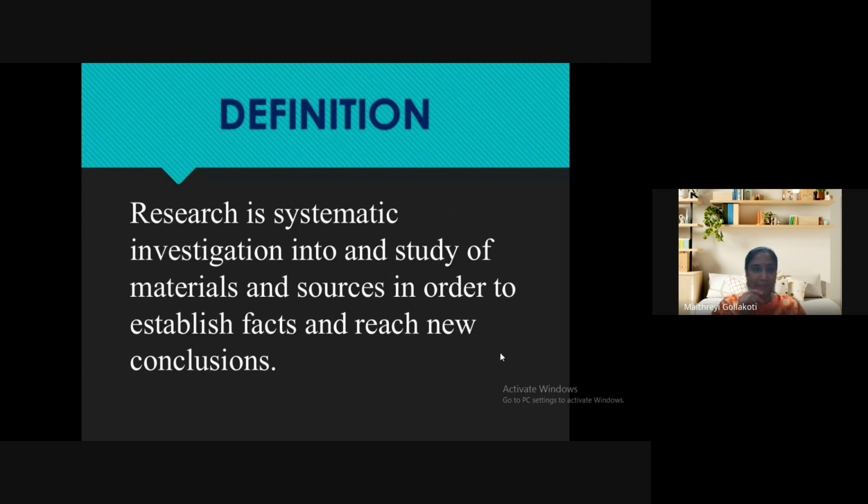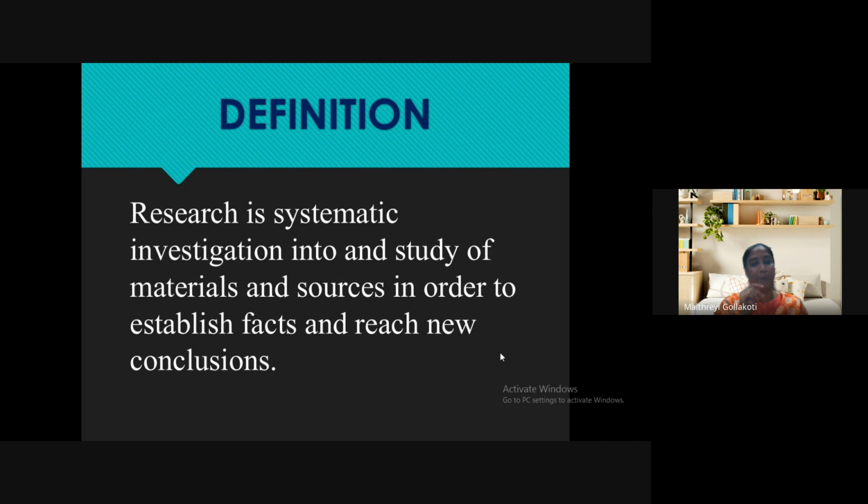Next, please. Now, let us see what is the definition of research. Research is nothing but a systematic investigation into and study of materials and sources in order to establish facts and reach new conclusions. Research is actually a systematic investigation. Research starts with a proposal and then slowly it moves to data collection.